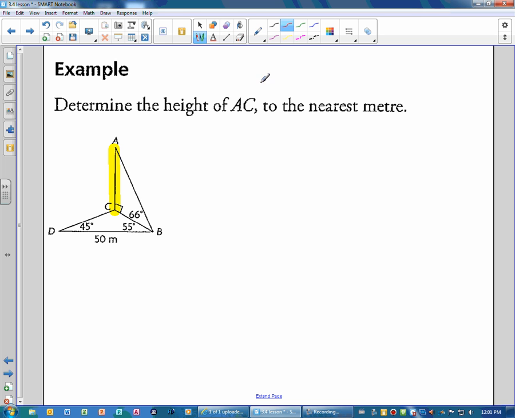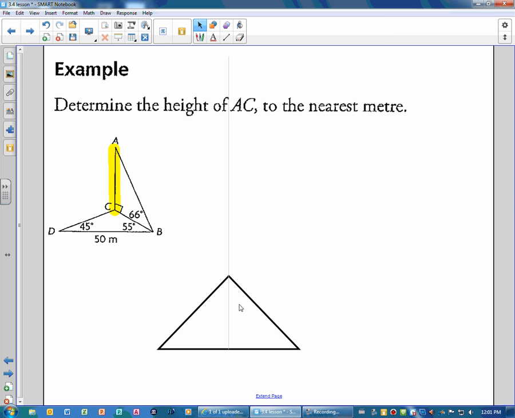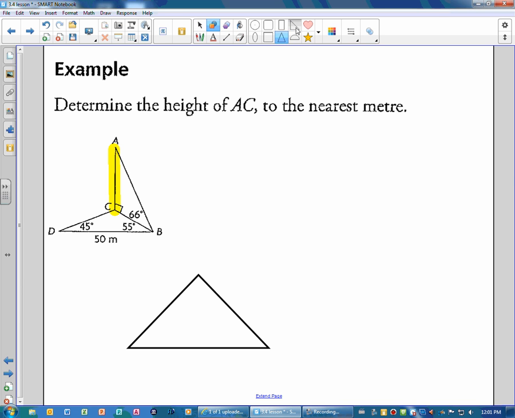So sometimes a good strategy is to separate the triangles to see if you can solve them by themselves. So let's start with this triangle. I know it's not going to be exactly like it is in the picture, but I'm going to use my triangle tool to help me. So that's the bottom triangle, and we'll get a right angle triangle going for the other. Okay, we'll label them.